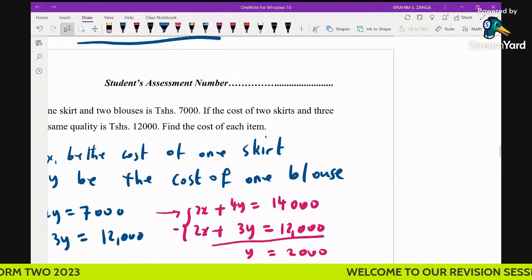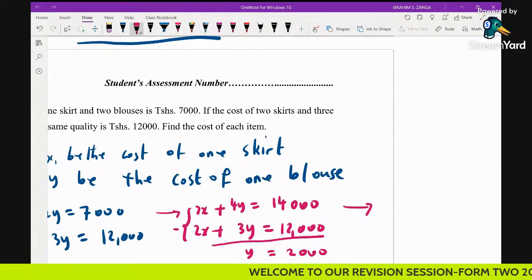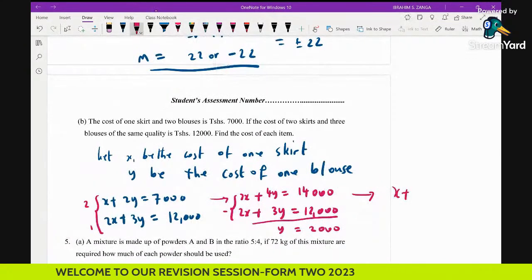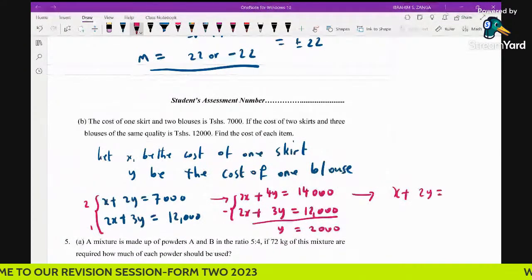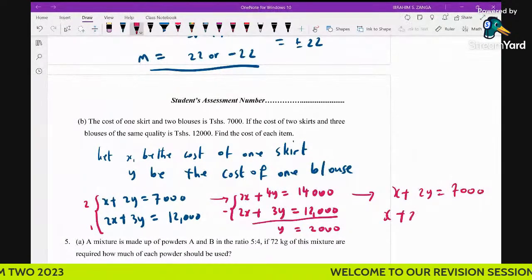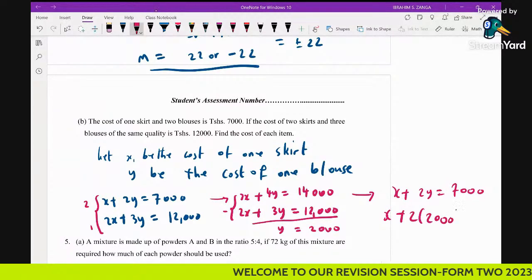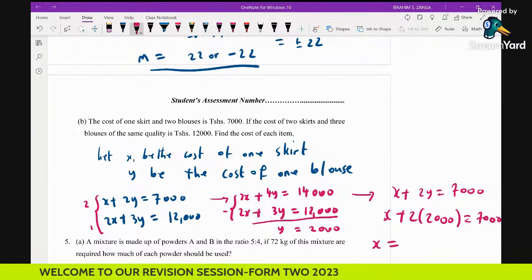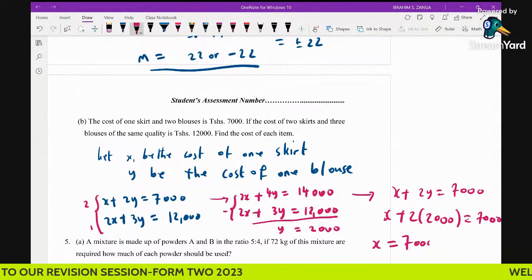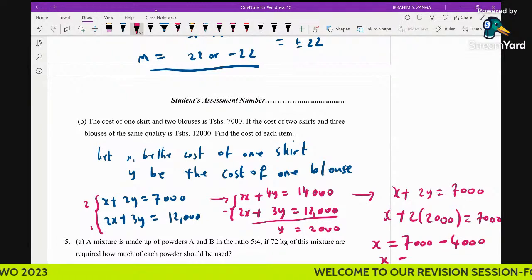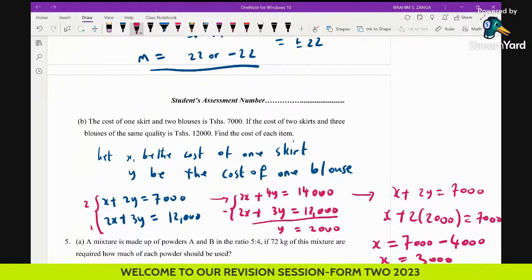What about x? From equation number 1, x plus 2y is 7,000. So x plus 2 times 2,000 equals 7,000. So x will be 7,000 minus 4,000, so x will be equal to 3,000.